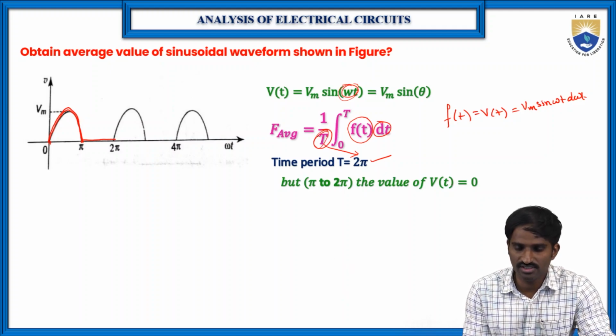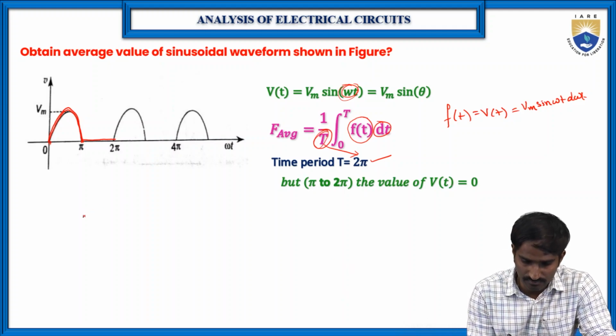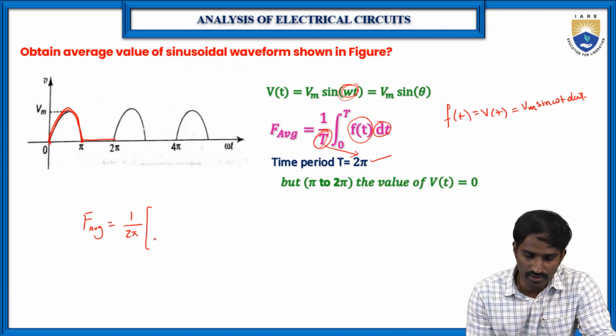In other words, we can write the f average as 1 by T, here it is 2 pi, into the integral from 0 to T, where actually T is 0 to 2 pi.